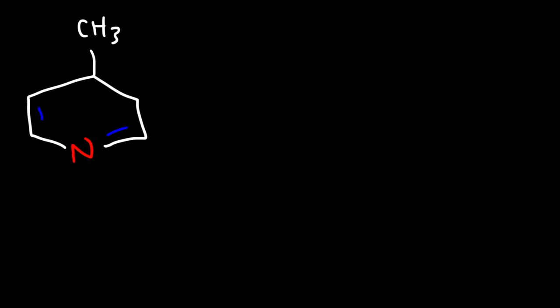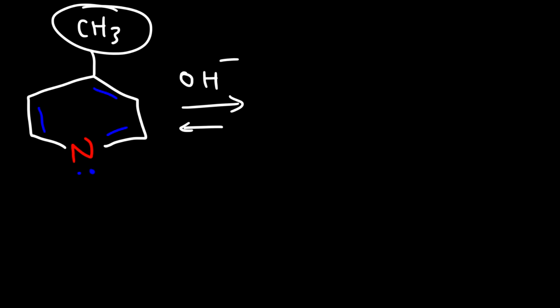Now there's one more thing that I want to talk about for these reactions. Let's say if we have a CH3 group on position 4 or on position 2. The hydrogen atoms on the methyl group, they're relatively acidic. So if we react this with a base, we can deprotonate the hydrogen on the methyl group.